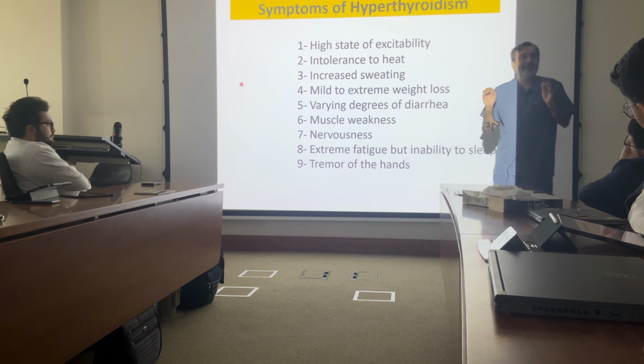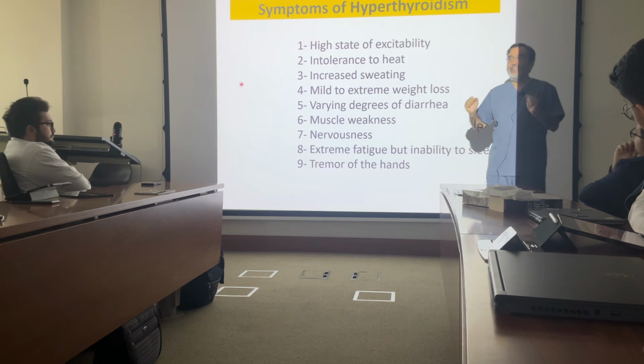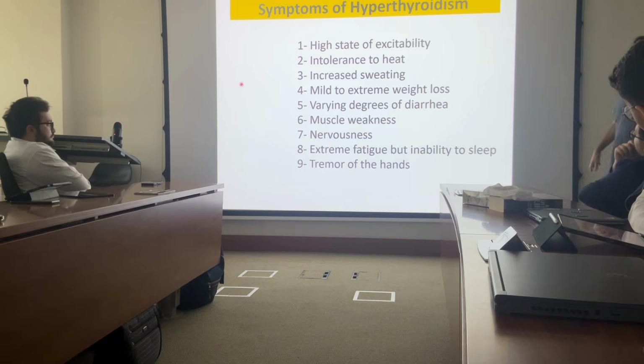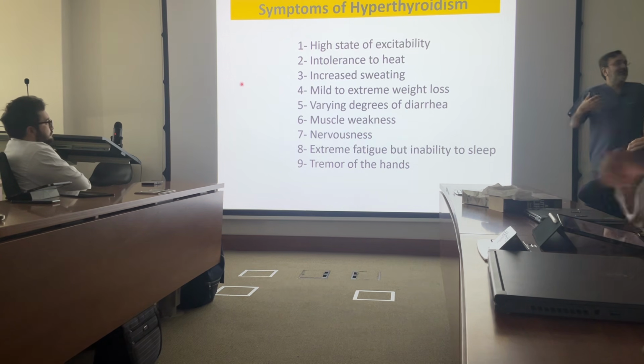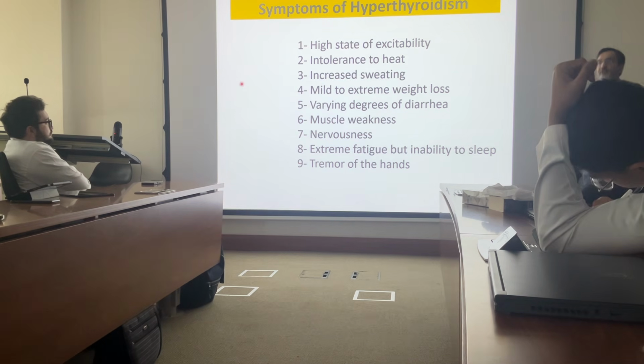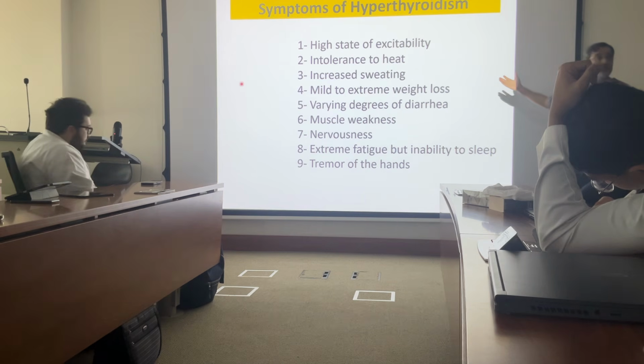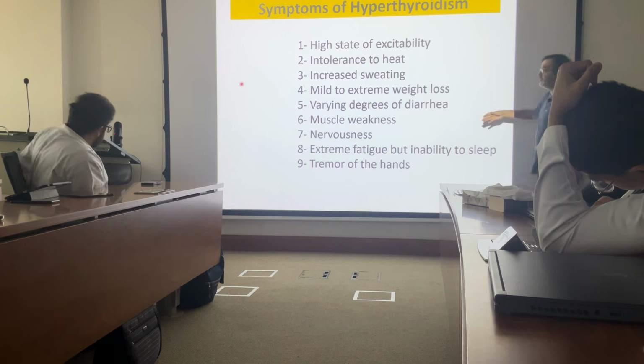So these guys are very, very anxious. Intolerance to heat, because your basal metabolic rate is high, so you're producing too much heat. So intolerance to heat, sweating, this is what you are going to see with these patients with hyperthyroidism.